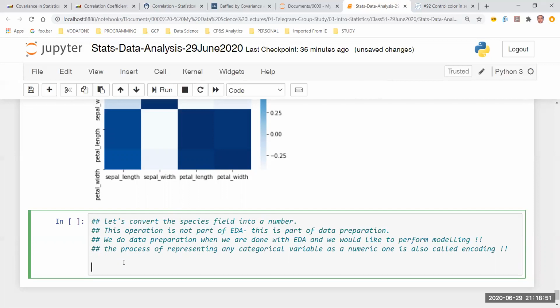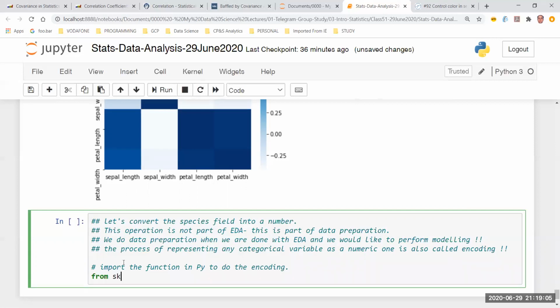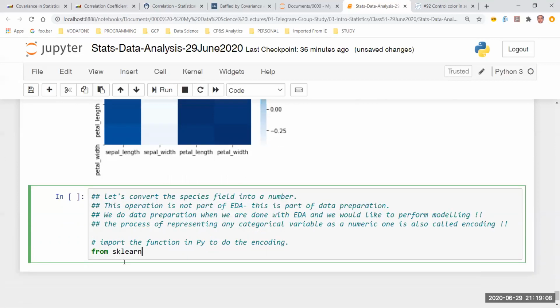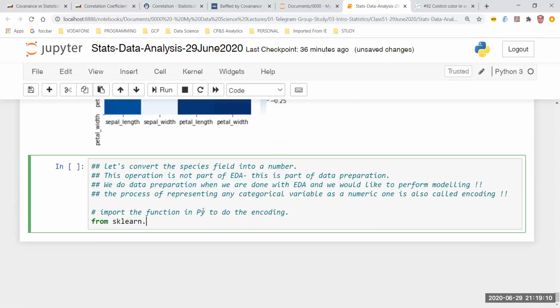So I'm going to import the function in Python to do the encoding. I'm going to say from sklearn, a library in which there is a feature called preprocessing, I think this is the case, import LabelEncoder.